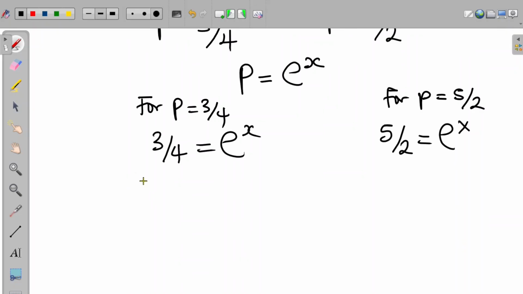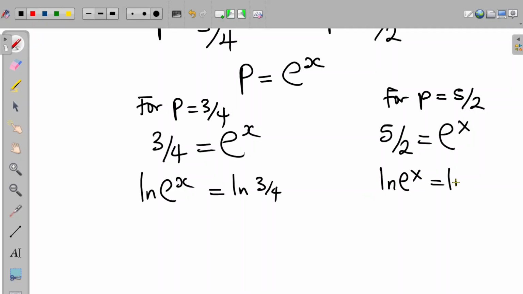So we have that this becomes ln e to the power of x equal to ln of 3 divided by 4. Also at this point, we have ln e to the power of x equal to ln of 5 divided by 2. So at this point, this becomes x multiplied by ln e equal to ln of 3 divided by 4.